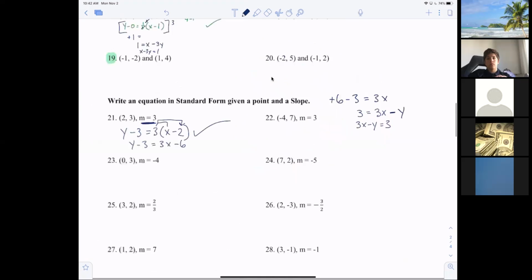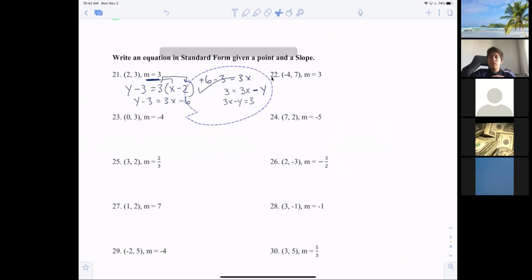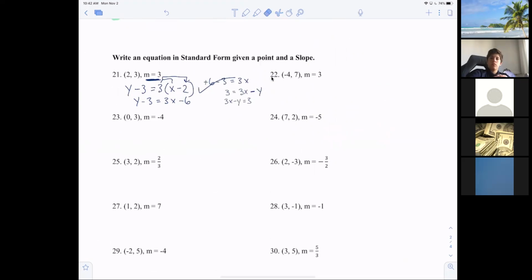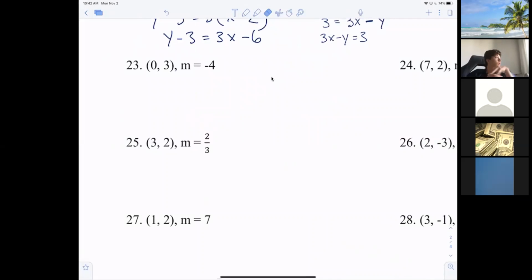All right, let's go. Now, drag that. Now, everybody, go. Number 23. Let's go, chop, chop. 30 seconds. Write it in the right form. Let's go.